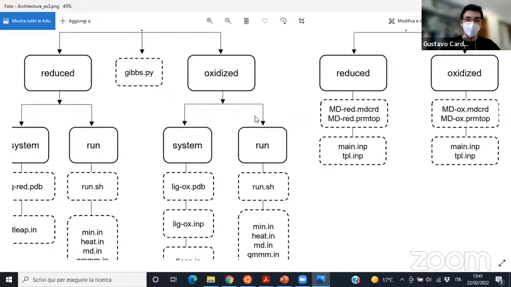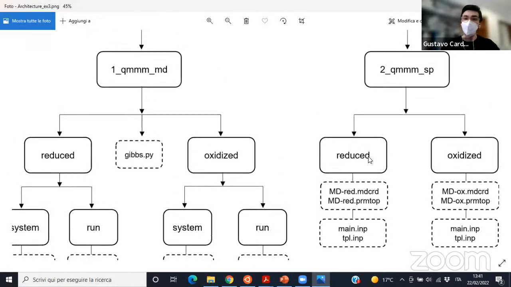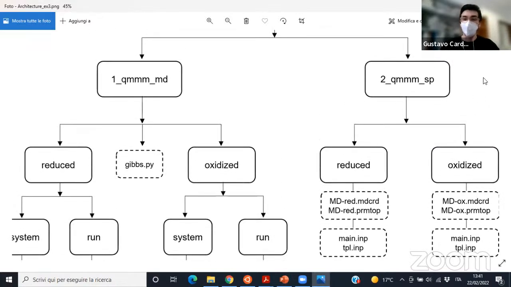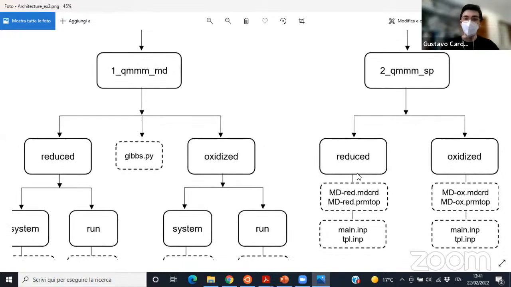I'll show you in more detail later what we're going to do. In the second case here, the QMMM single point, we already have the trajectories and the topology files for the reduced and for the oxidized species. For completeness, I tell you that these have been run classically for 10 nanoseconds of simulation.